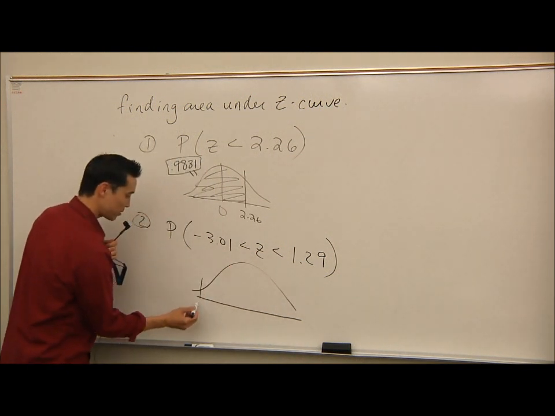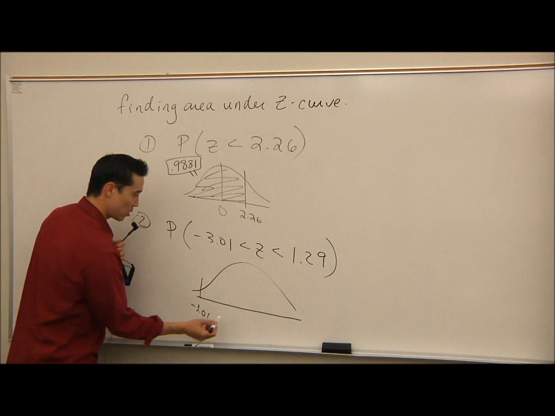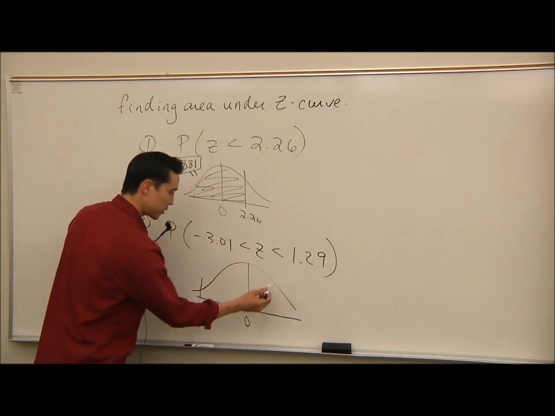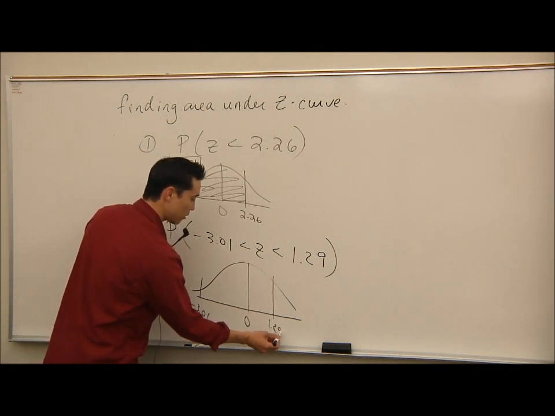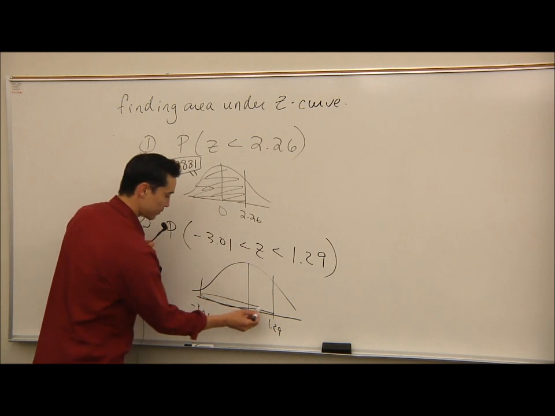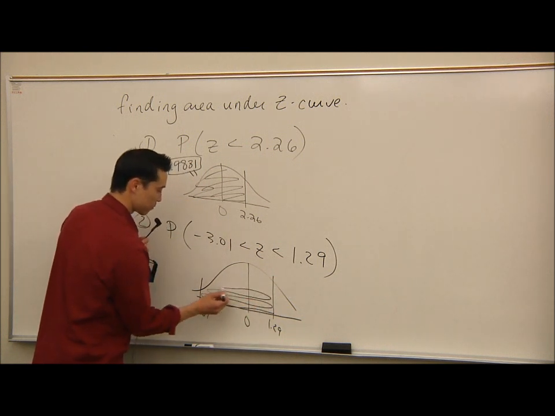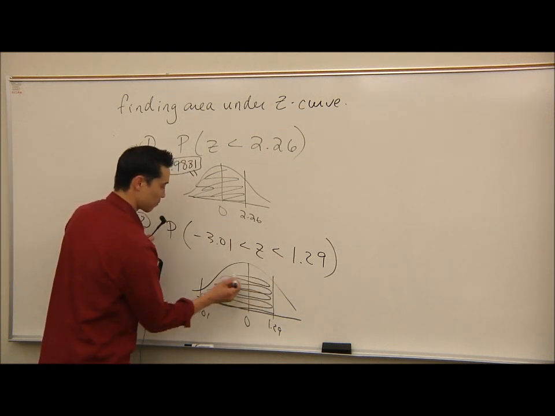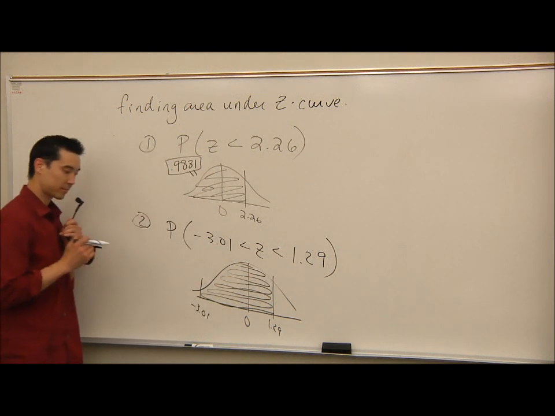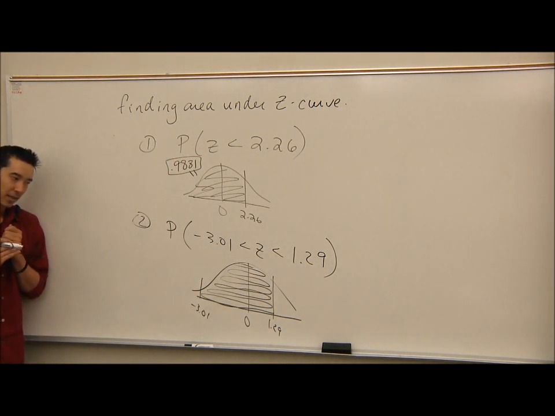Negative 3.01 is way out here somewhere. Here's 0 right here. 1.29 is probably right here. And I want this area. How am I going to do this problem?